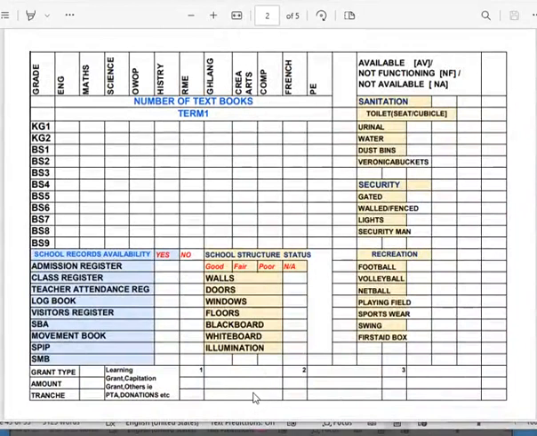Anytime you receive a grant type, you indicate on this column, then the amount received followed by the tranche. Then another time you receive within the term, you go on. You can even add a fourth grant received, either learning grant, capitation or others. Then the amount received, then the tranche will also follow suit.